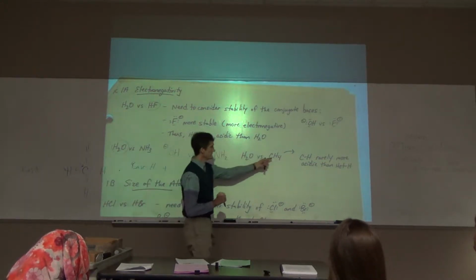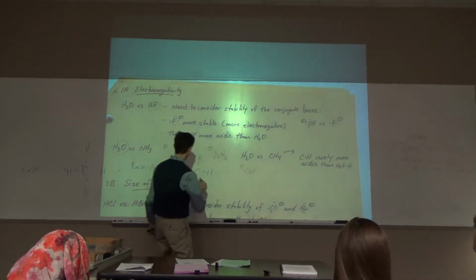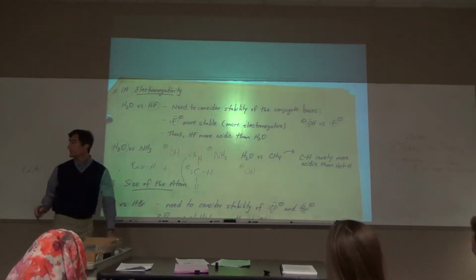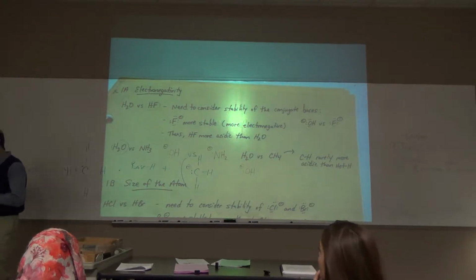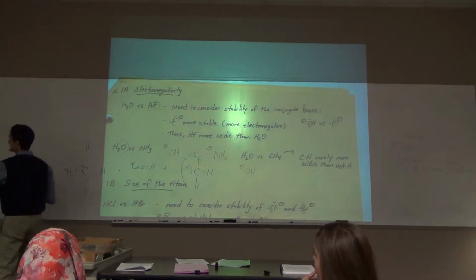Yes, water is more acidic than methane. How stable is a C minus? Is it very? Actually, it's not that stable because we're getting away from electronegativity. These guys over here tend to be more electronegative. Carbon is not considered that electronegative. It's sort of getting more towards the wrong side.